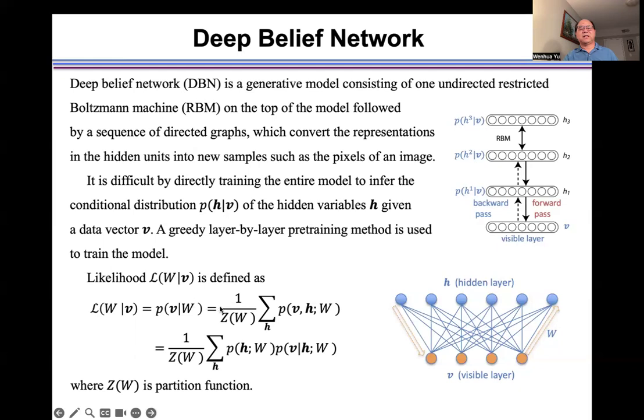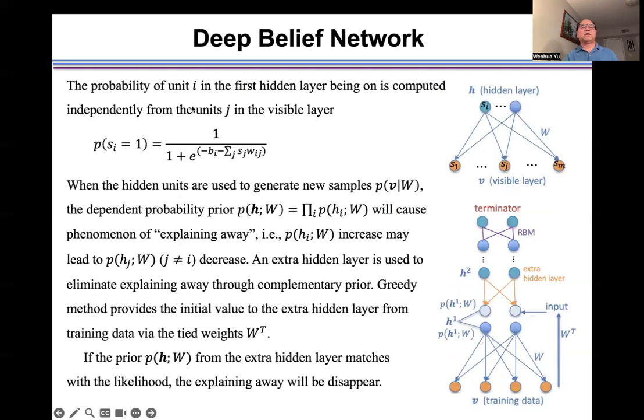Likelihood is defined as a marginal of the joint probability of V and H over H. Using the chain rule, we express the likelihood as a marginal of the product of the probability of H and the conditional probability of V conditioned on H over H, where Z is a partition function.